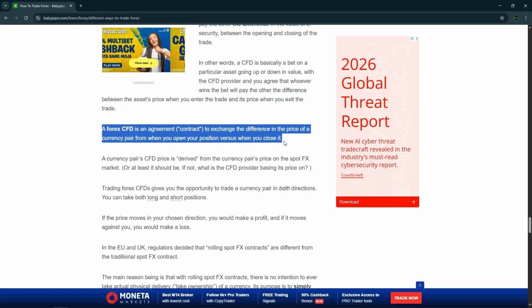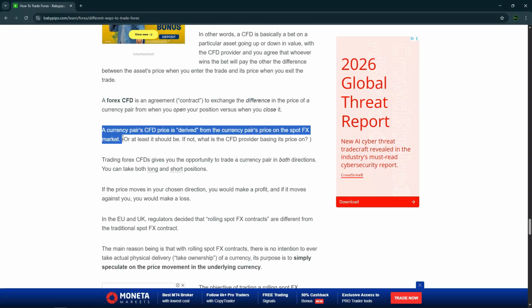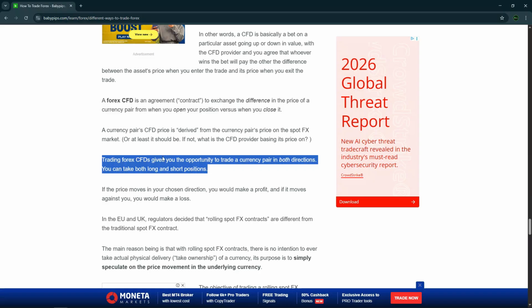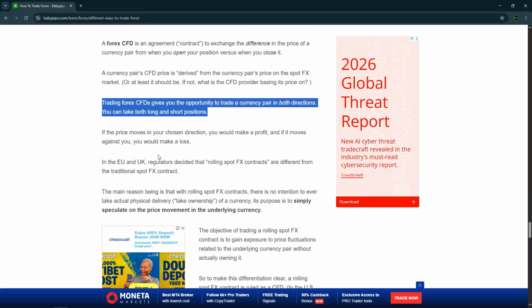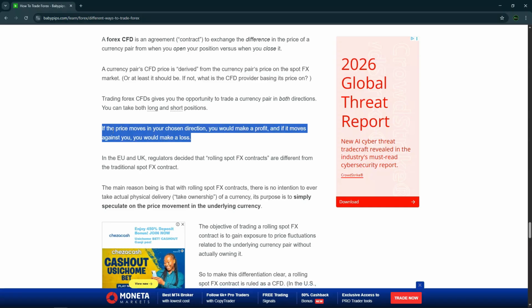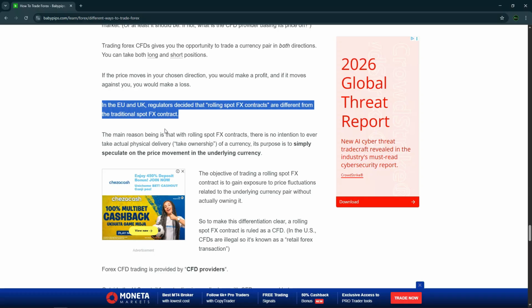So if the market price moves in your favor, you make money. If it moves against you, you lose money. Another important thing is that you can trade in both directions. You can buy if the price will go up, or you can sell if the price will go down. Just like other methods we have discussed, the price of a CFD comes from the real forex market, the spot market.